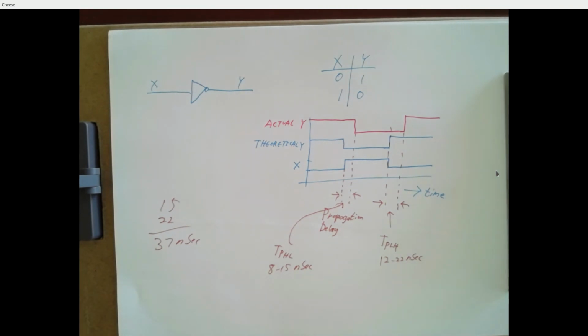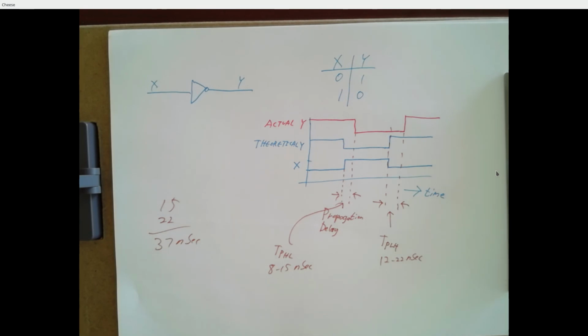And 37 nanoseconds is a long time. A nanosecond is a billionth of a second. So if you have a 1 gigahertz clock, it's ticking up, down, up every nanosecond. And this is telling you that it would take 37 of those clock ticks to pass before our inverter's output might drop to a 0 and then go back to a 1.